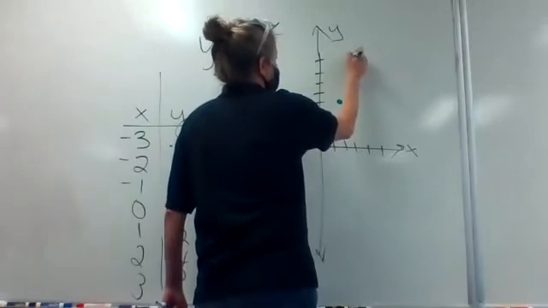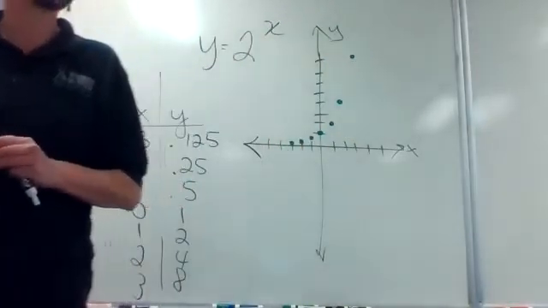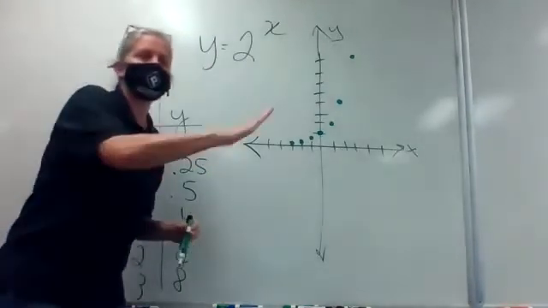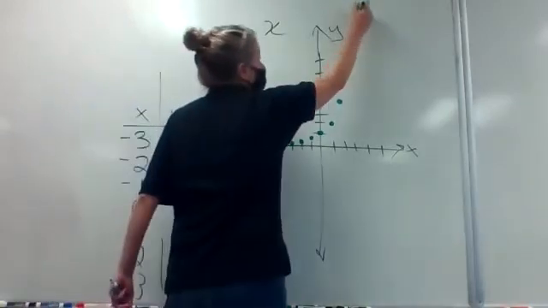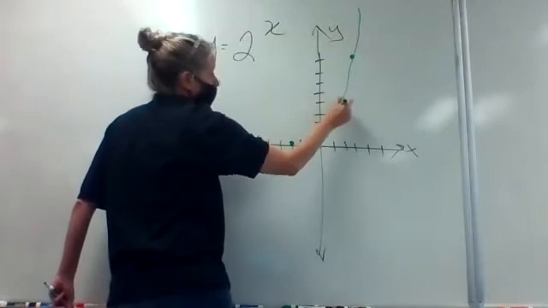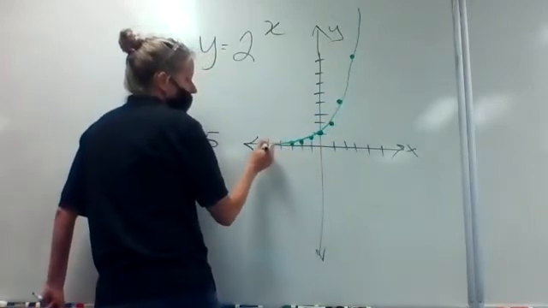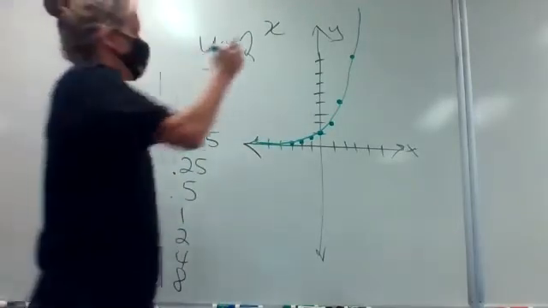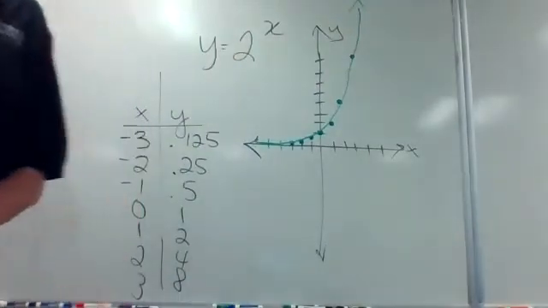So when you get to the other side of the y-axis, if you've heard the phrase that something is growing exponentially, look what happens. That's what it's talking about. It's growing very steep. So this one, it shoots straight up. Now here it comes down all the way to that x-axis, but it doesn't ever cross it. Okay, so that's what the graph of an exponential function will look like.